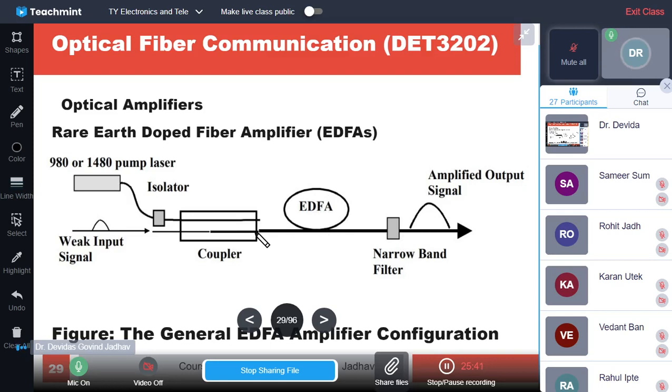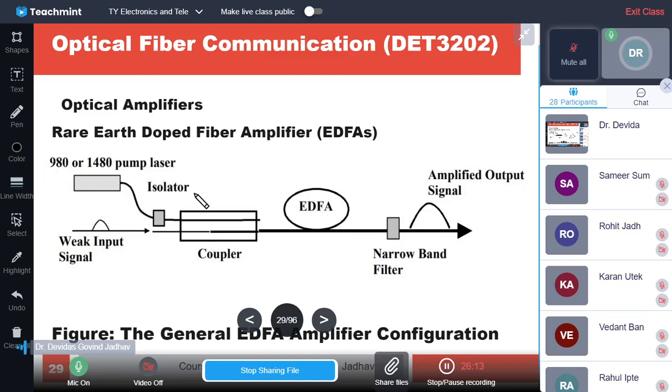So this is the fiber amplifier. An external fiber is connected in parallel to the original fiber, and this auxiliary fiber, which has erbium doping inside it, will amplify the signal, and then it returns to the original fiber.